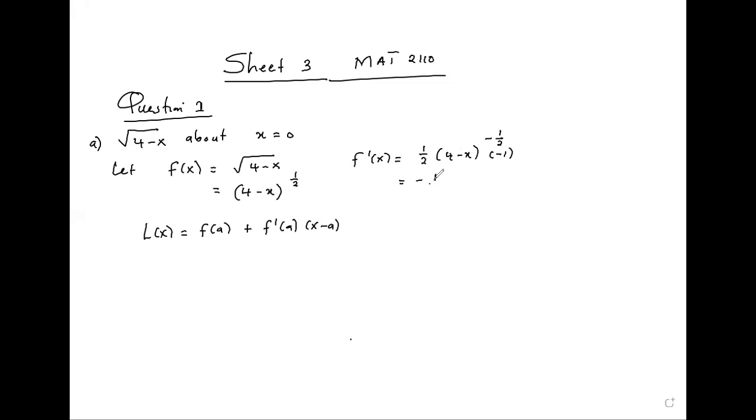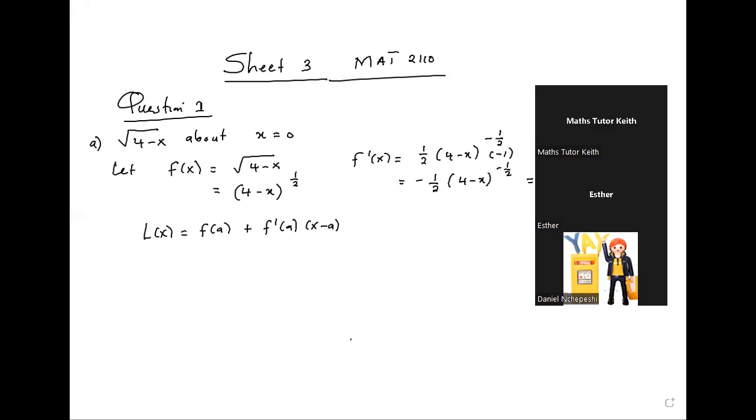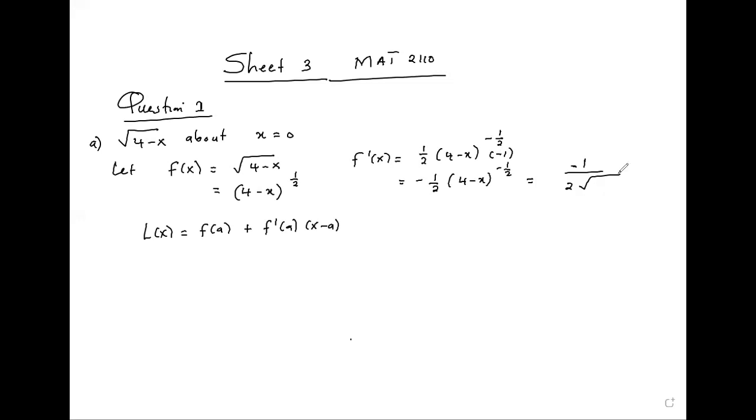This is negative 1 over 2 of 4 minus x to the power negative half. This can be written as negative 1 over 2 the root of 4 minus x, like this.